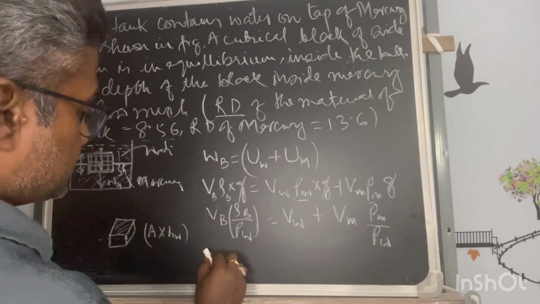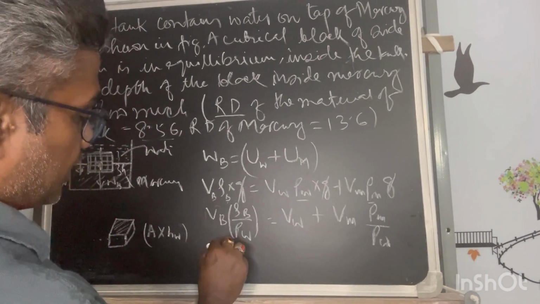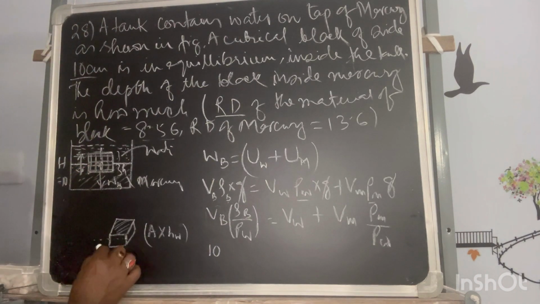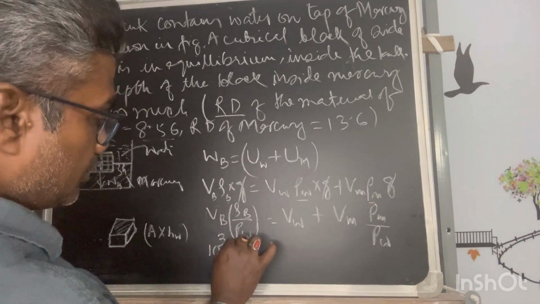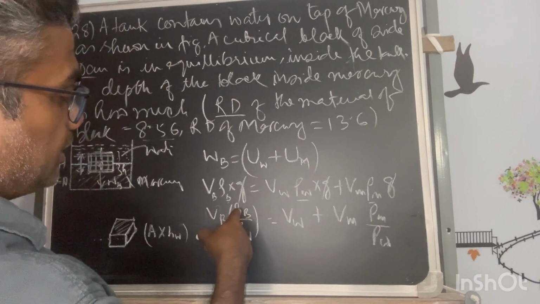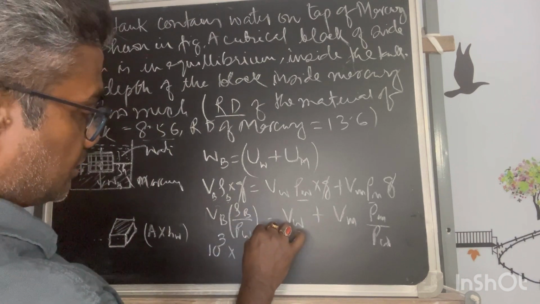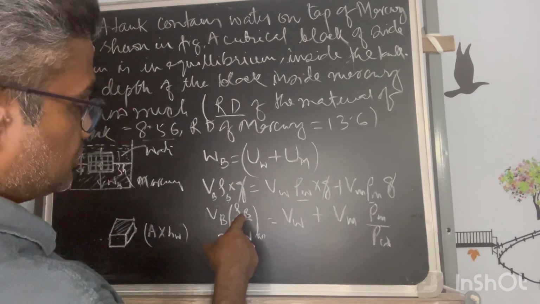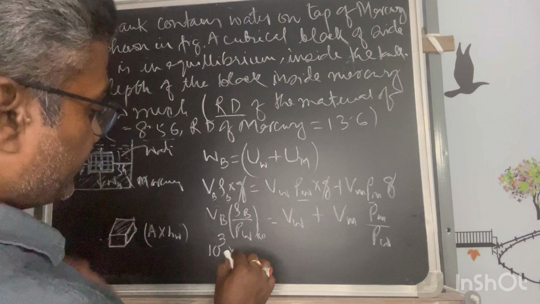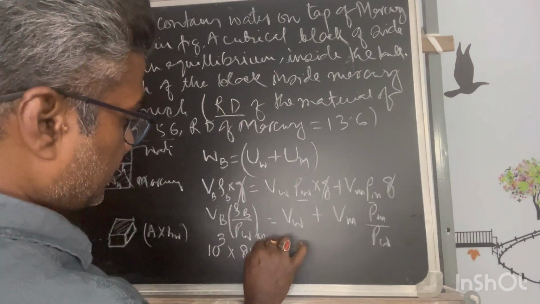The volume of the block is nothing but the volume of a cube, 10 into 10 into 10, three dimensions, so 10 cube. The relative density of the block is given as 8.56, which I will put directly here.